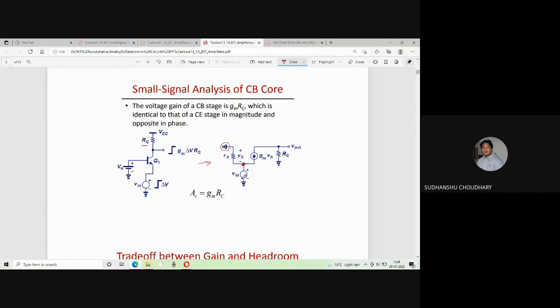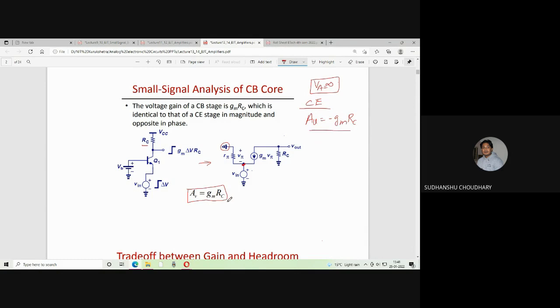So the gain of this circuit, that is AV, is GMRC, right? However, in common emitter, if you remember, the gain was minus GMRC. So without considering this R naught, we are assuming VA is infinite, no early effect. The gain in common emitter was minus GMRC.